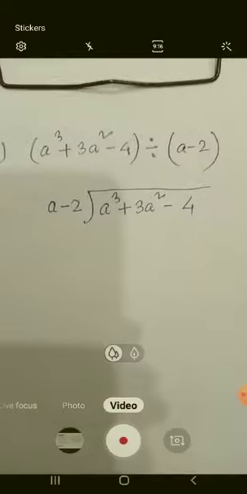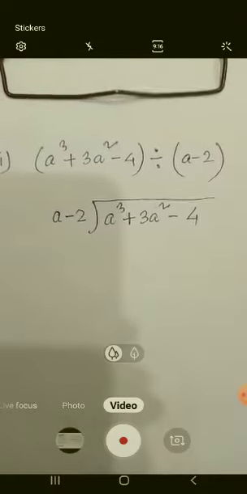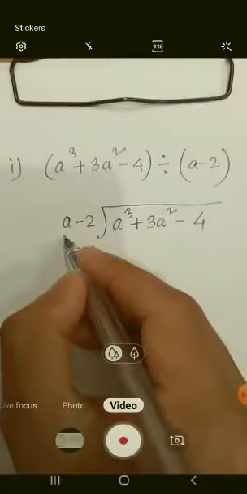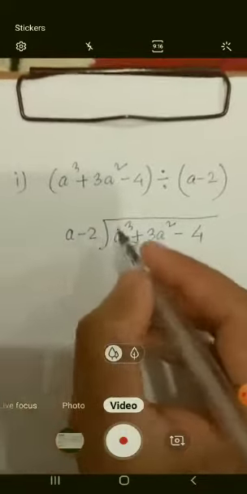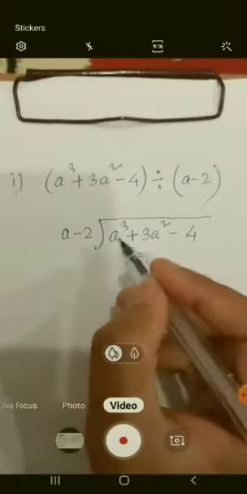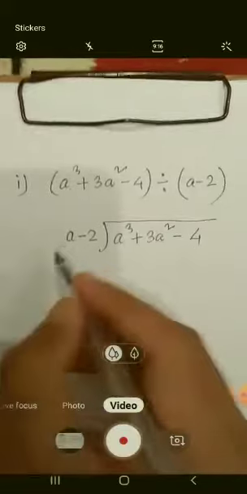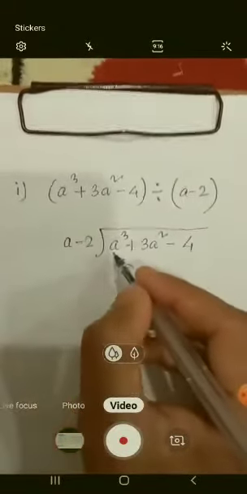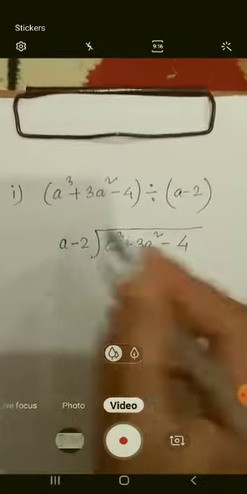Okay, so the first step is to look for the highest power of a on this side and the highest power of a on this side, and find how many times this a goes into that a cube, and that is a square.